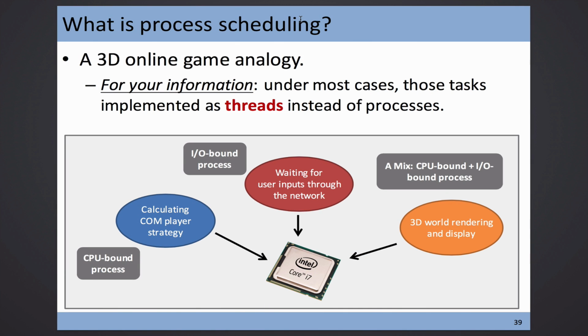Alright? And there are hybrids, this kind of thing, right? You have a process that will switch around different tasks. Let's say an AI strategy, you are doing memory search. Then some of the time, okay, you may spend over the network to get the input and send outputs, okay? And the next is video rendering.